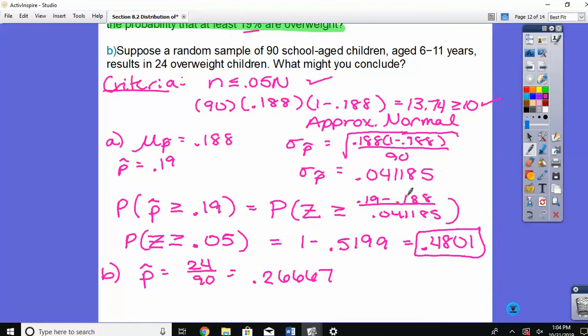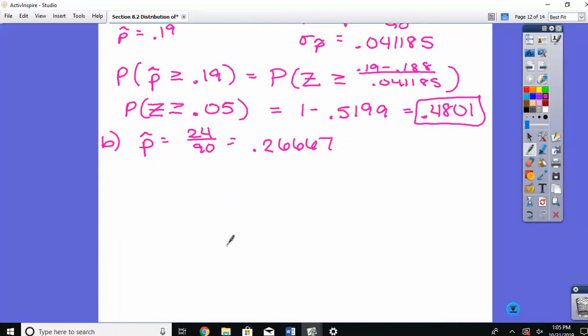So we are trying to decide if this is unusual or not to have 24 overweight. Let's find the probability that we would have more, greater than or equal to that. And again, I did the greater than because my mean is only 18%.